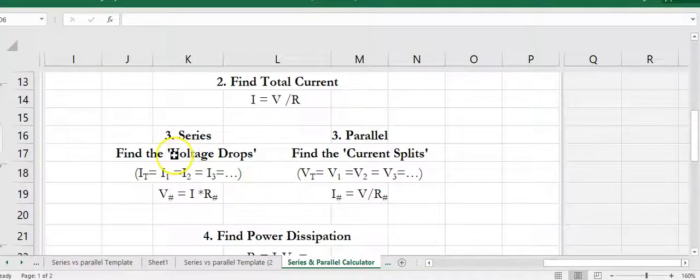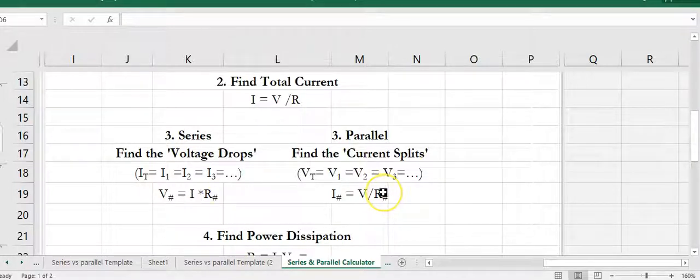a series has all the currents being the same, so you just use Ohm's law and you solve for the voltage drops or the energy spent at each light bulb, the energy required to push through that resistance.